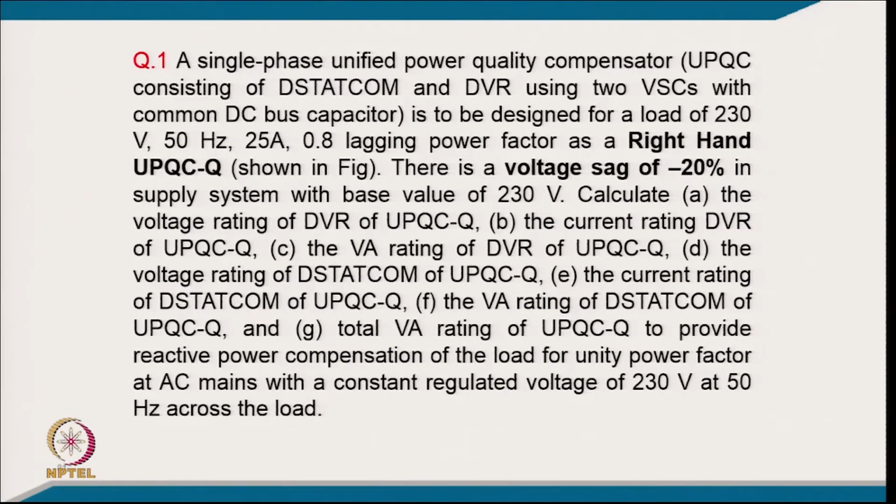Coming to the first numerical example: a single phase UPQC, a unified power quality compensator consisting of a D-STATCOM and DVR using 2 voltage source converters with a common DC bus capacitor, is to be designed for a load of 230 volt, 50 hertz, 25 ampere, 0.8 lagging power factor, as a right hand UPQC-Q, and there is a voltage sag of -20% in the supply system with base voltage of 230 volt.